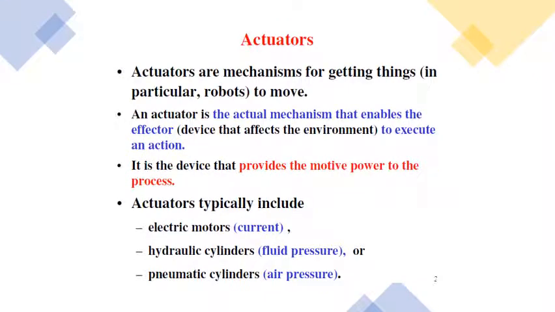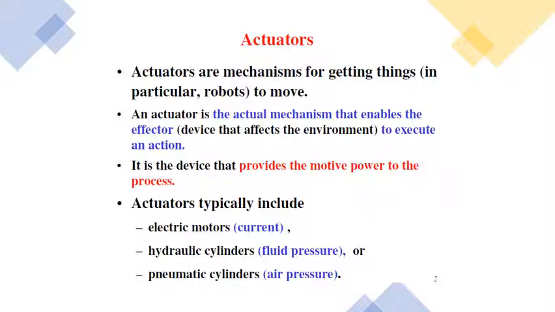Actuators are nothing but mechanisms which are used to move things from one place to another, and they enable the effector to execute an action which is assigned by the human being. It is the device that provides motive power to the process.